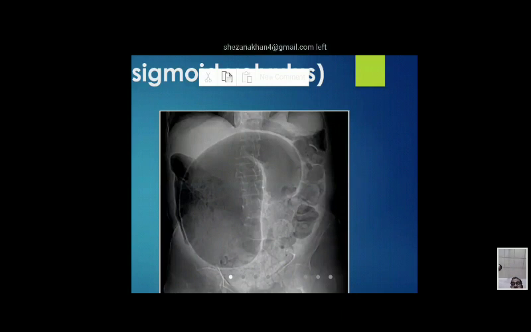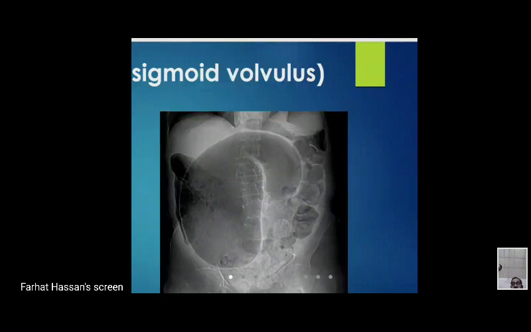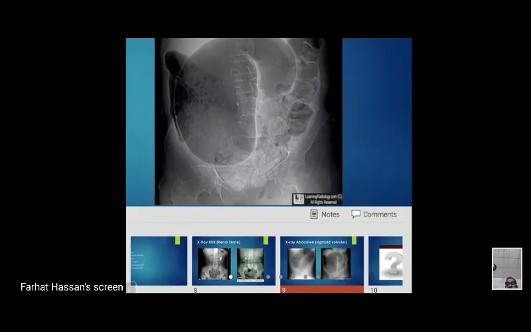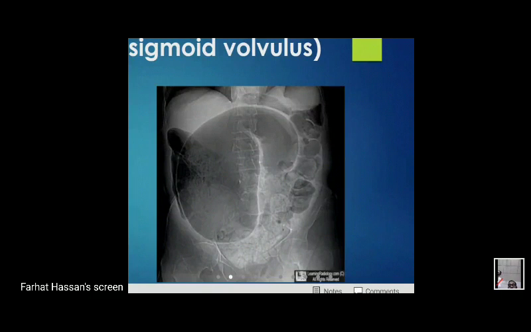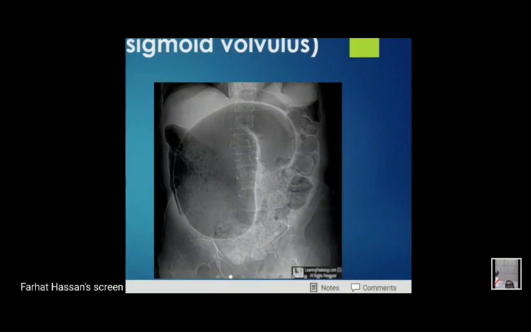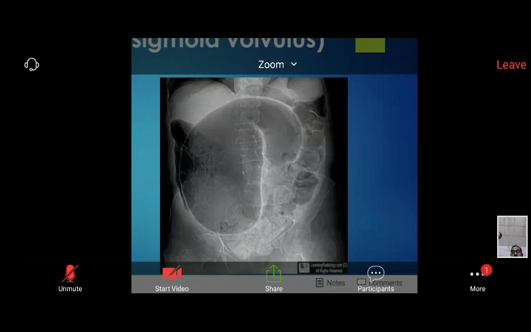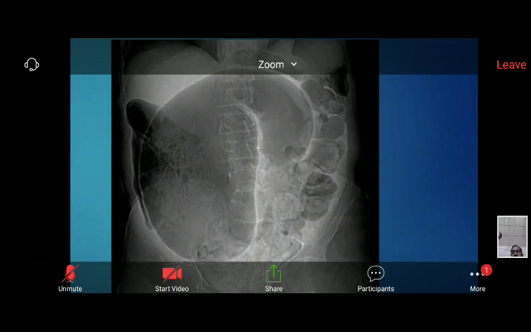This is the plain X-ray abdomen, erect posture, showing hugely dilated bowel loops arising from the pelvis with convexity upwards. It's like a pneumatic tire like shadow.